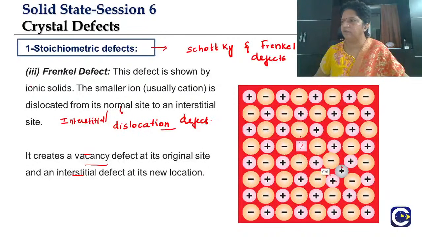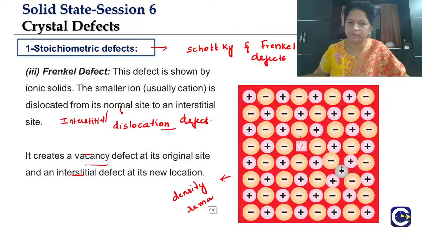Density will remain the same. Why will the density remain the same? The mass remains as it is. What is happening? It's moving from its place and going to some other place. It's only changing the place. Only the place changes, so the density will remain the same.